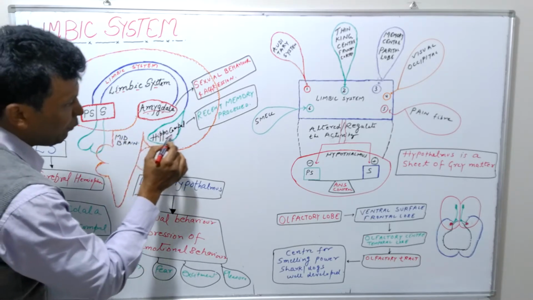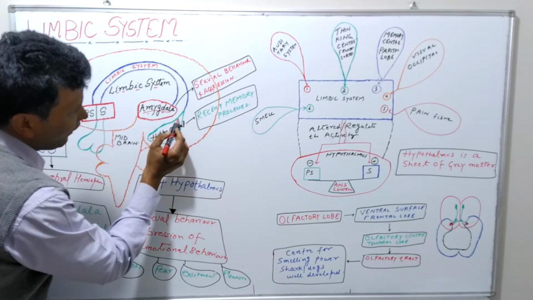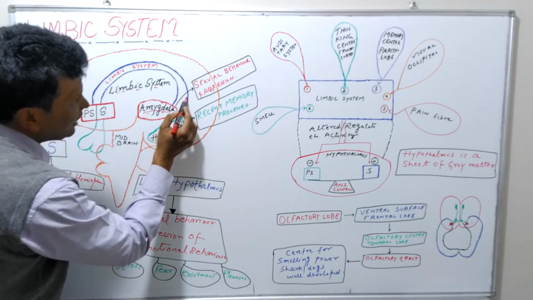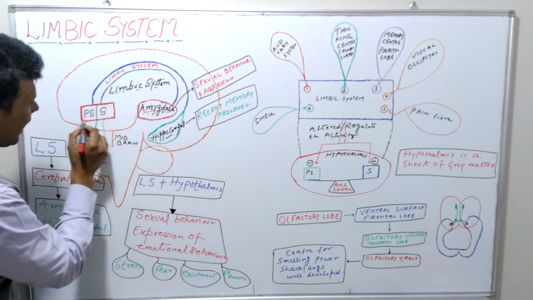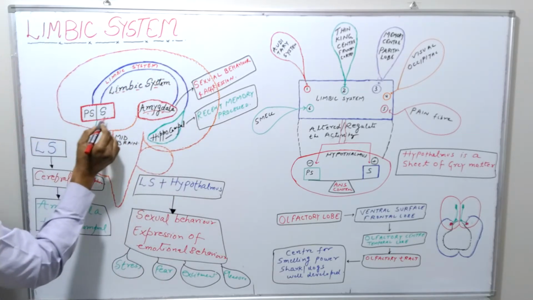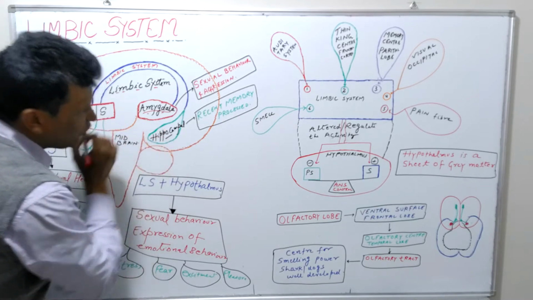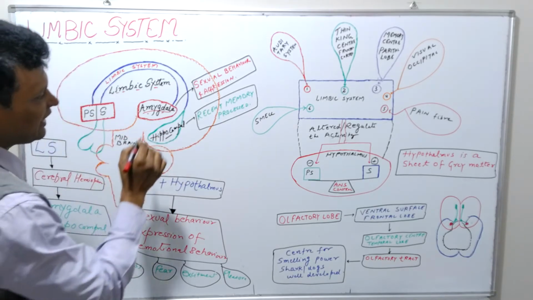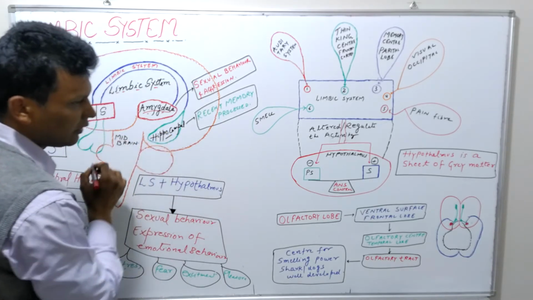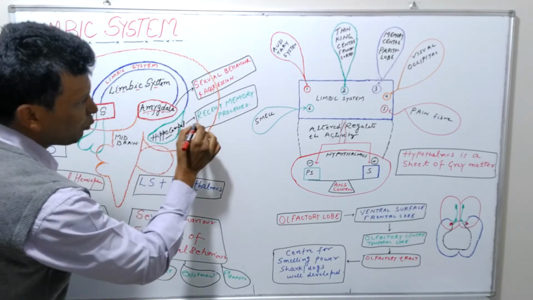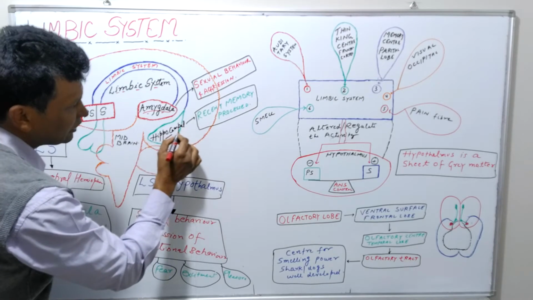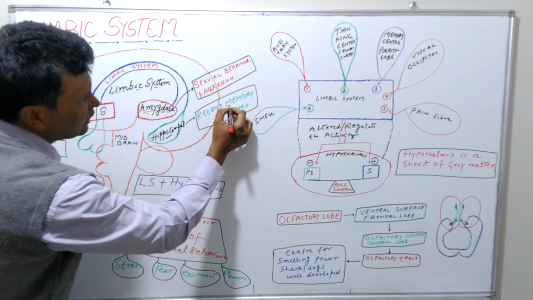Hippocampal. This is the hippocampal area. Its fibers are attached to your limbic system, and this fiber is going to deal with your hypothalamus. This is your hypothalamus. The function of the hippocampal area is that it is concerned with your recent memory process.